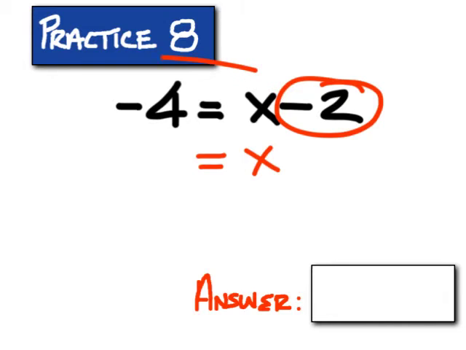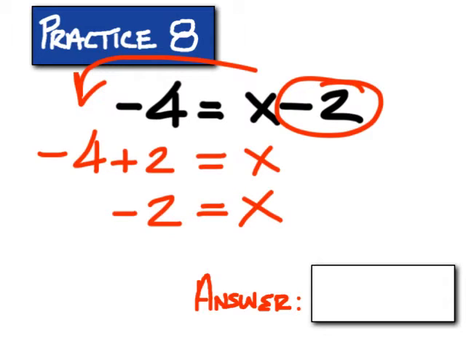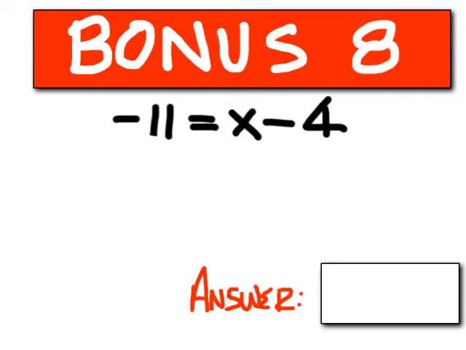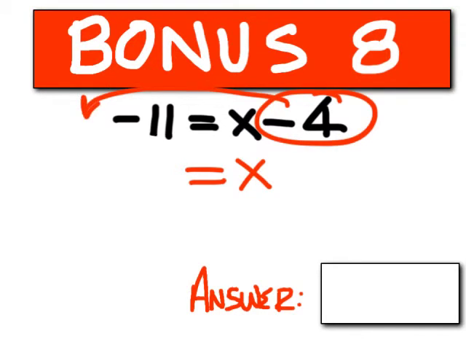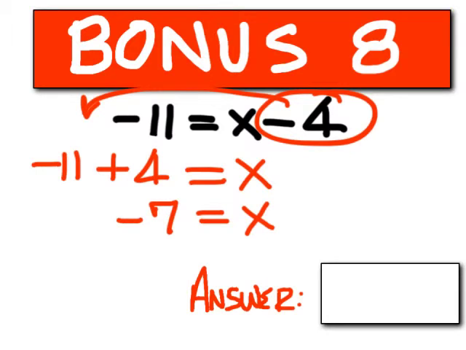On the practice, move this to the left and make it plus 2. Answer should be negative 2. Move your minus 4 to the left and make it plus 4. That would be a negative 7.